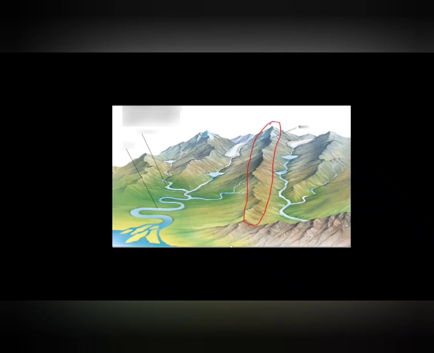Moving ahead. Previously I've talked about the water divide, yes or no? The division which is made by a mountain or a hilly slope. This water divide can also be termed as watersheds, so don't forget about that. Next we will be talking about the different types of drainage pattern.